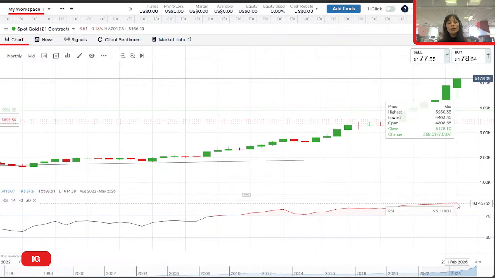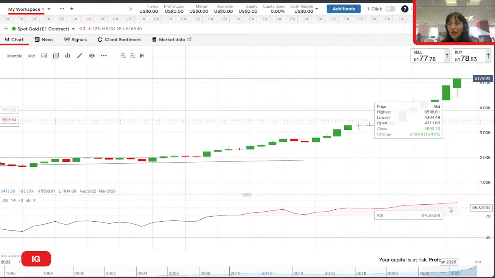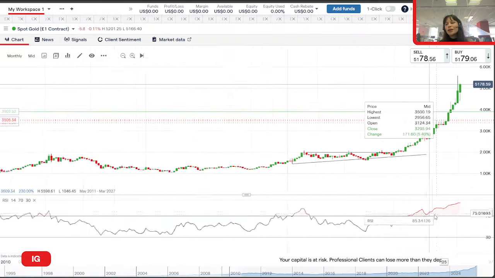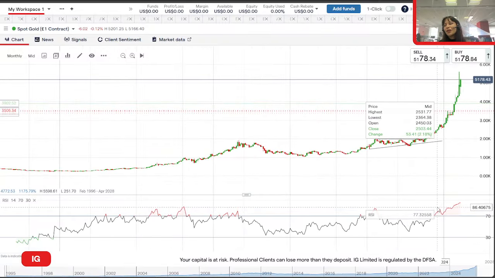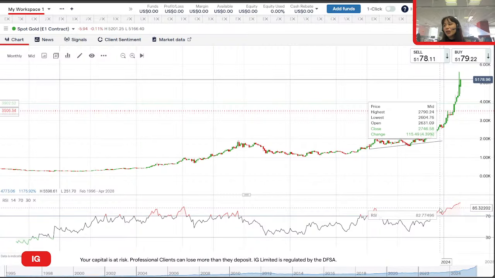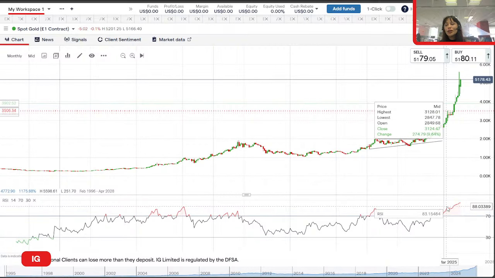We are above 90. That's not a normal number. Usually we speak of an overbought condition when it's above 70. I don't even know if we can say we rarely or never saw this kind of crowded trade on a monthly basis. So that part worries me.